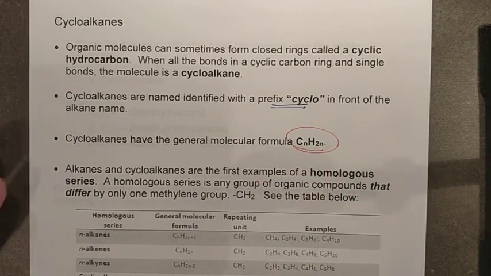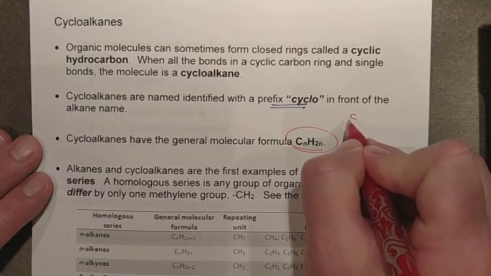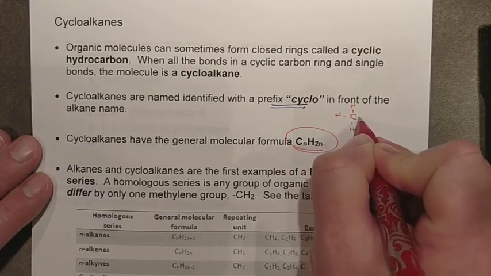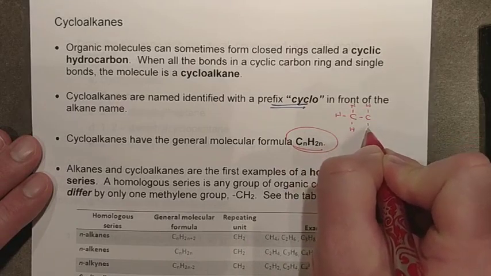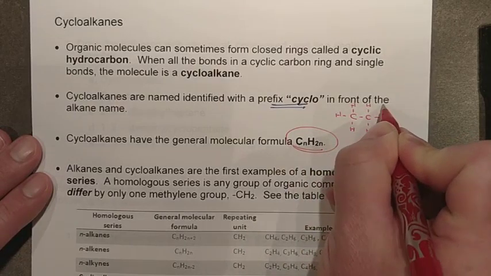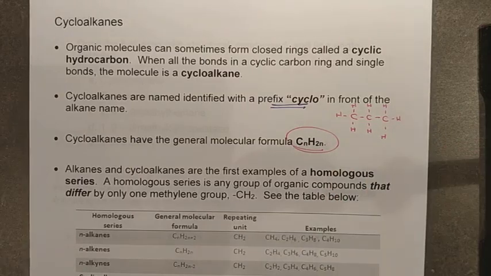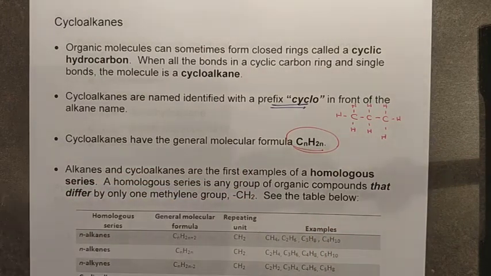Okay, what happens when I take something like this? I'll just do this propane here. And here I have a propane, but now I want to close this into a closed loop. How am I going to do that? Well, right now there's no place to attach the carbons to each other to close this loop.